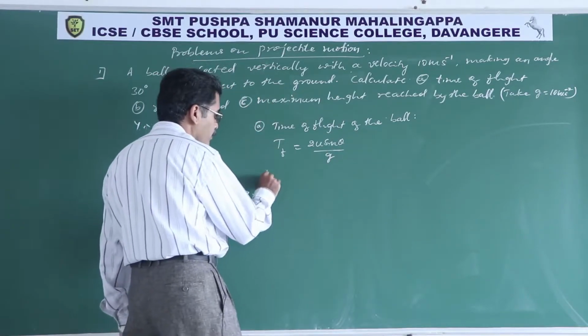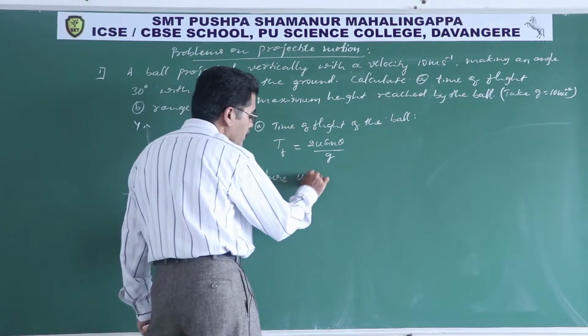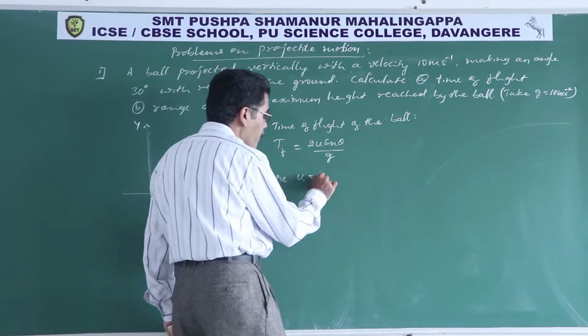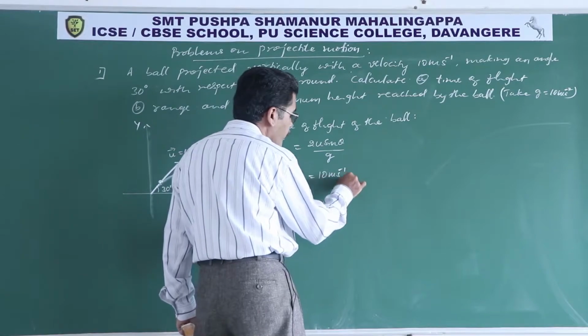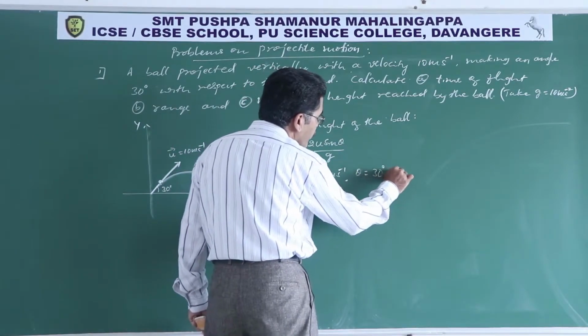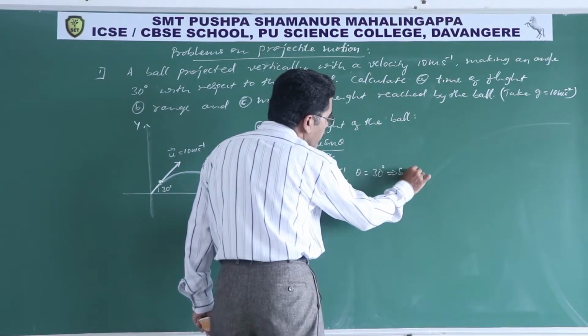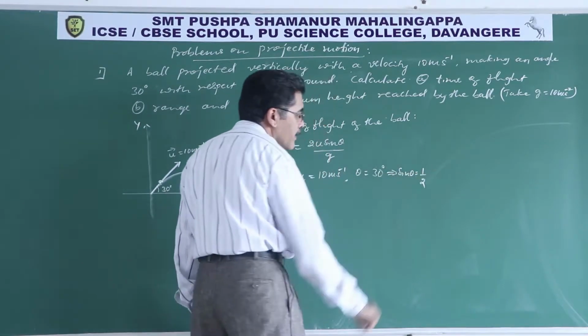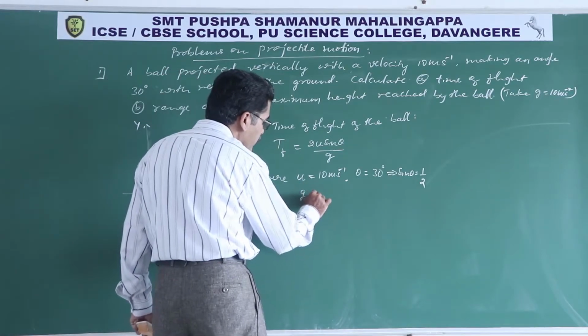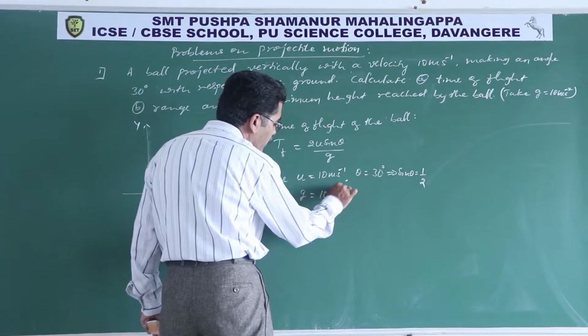Here u is initial velocity 10 meter per second, theta is 30 degree, which implies sin 30 is 1 by 2, and g is 10 meter per second square.